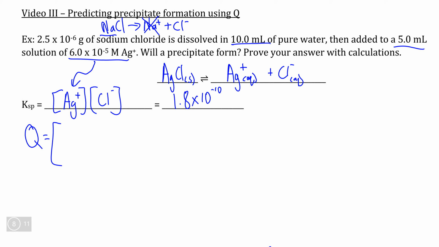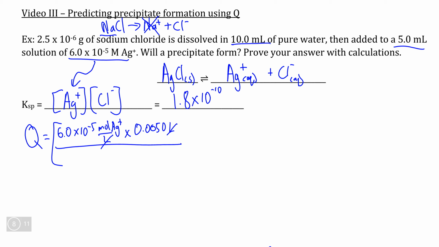So if we do these calculations here, let's write our initial concentration of silver, 6.0 times 10 to the negative 5 moles of Ag+ per liter, and we're going to find out how many moles we have by multiplying by the starting volume of the silver solution, which is 0.0050 liters when 5 milliliters is expressed in liters.